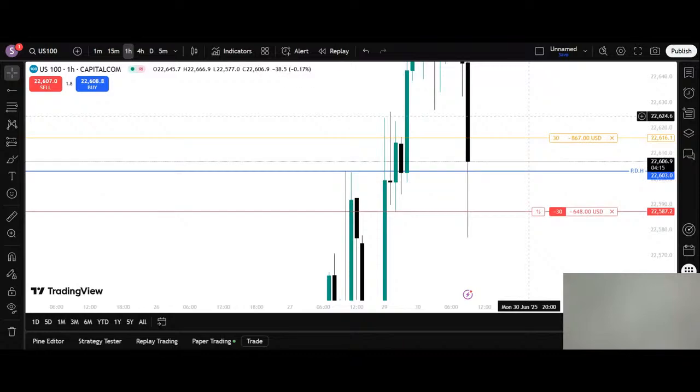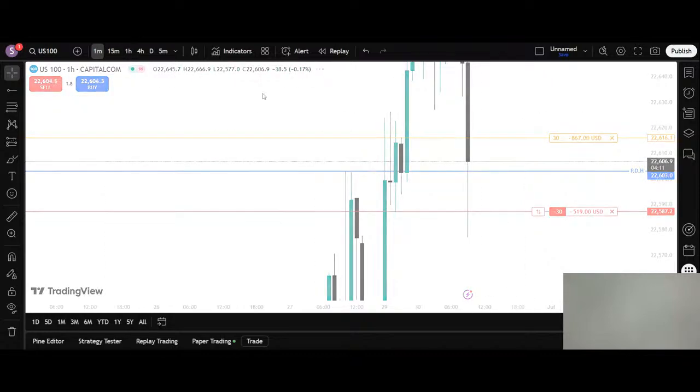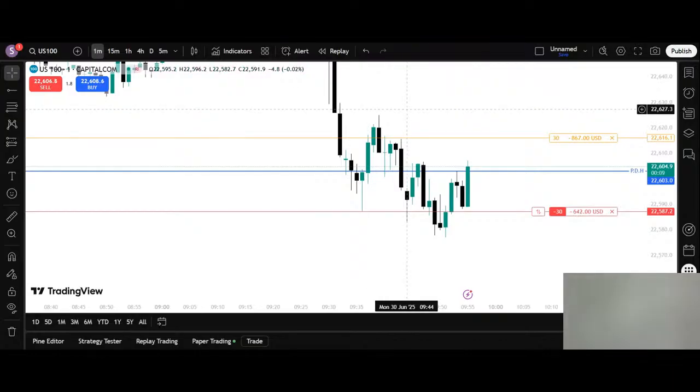Almost 4 minutes left till the 1 hour close. It has moved against our position very much. Not liking what I'm seeing.